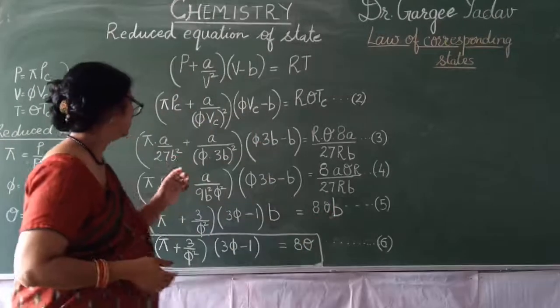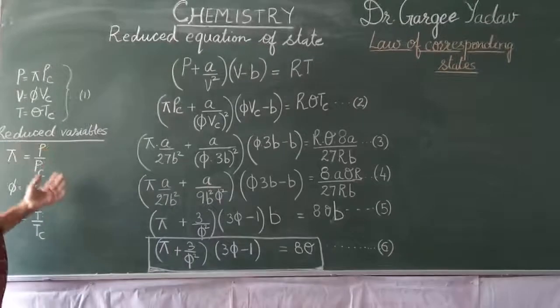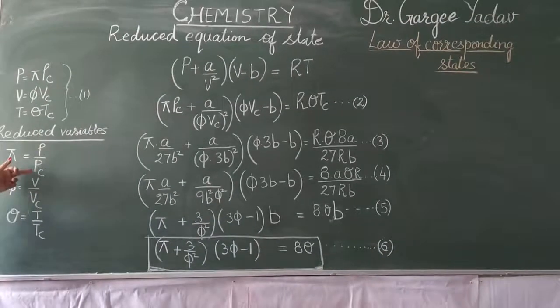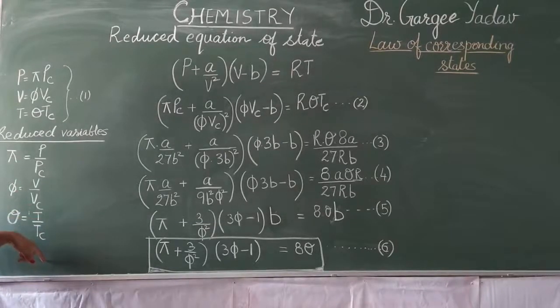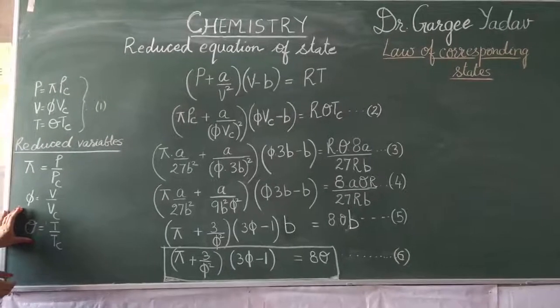We have here these reduced variables, as I just told you, which were derived by van der Waals. Pi is equal to P upon Pc, phi is equal to V upon Vc, and theta is equal to T upon Tc. This pi is known as the reduced pressure, phi as the reduced volume, and theta is the reduced temperature.